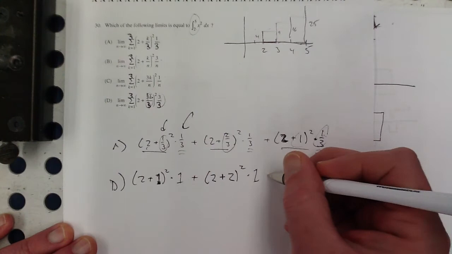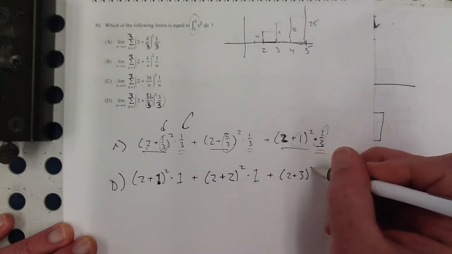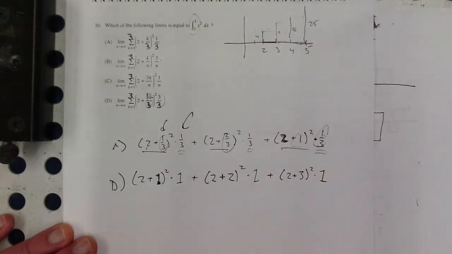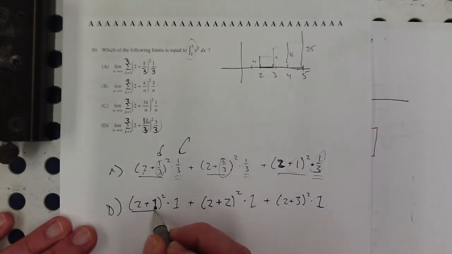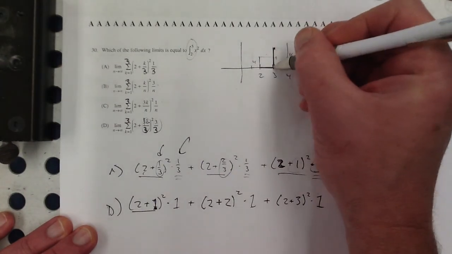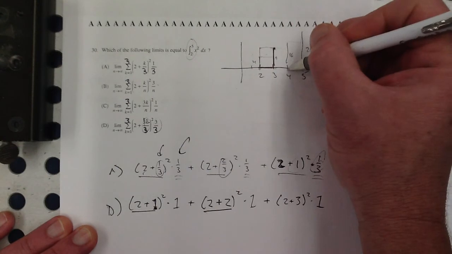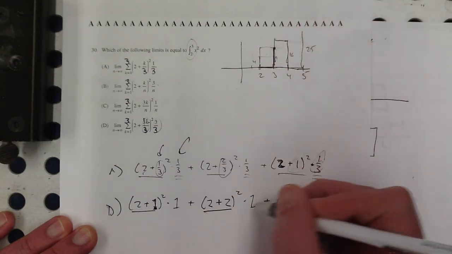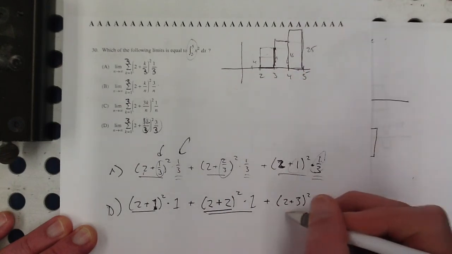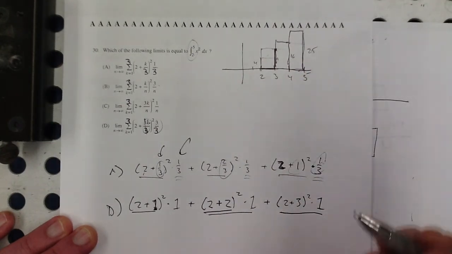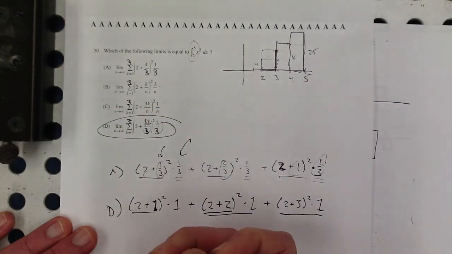Times 3 over 3, and 2 plus 3. And you can see that is exactly like 3 squared times 1, 4 squared times 1, and 5 squared times 1. So this is doing a Riemann sum for whatever you make that top number.